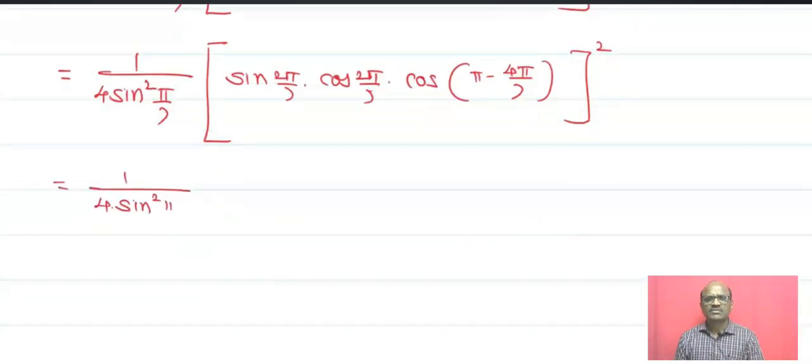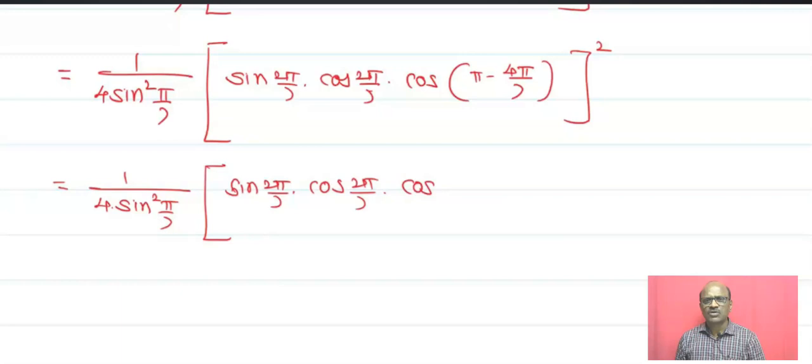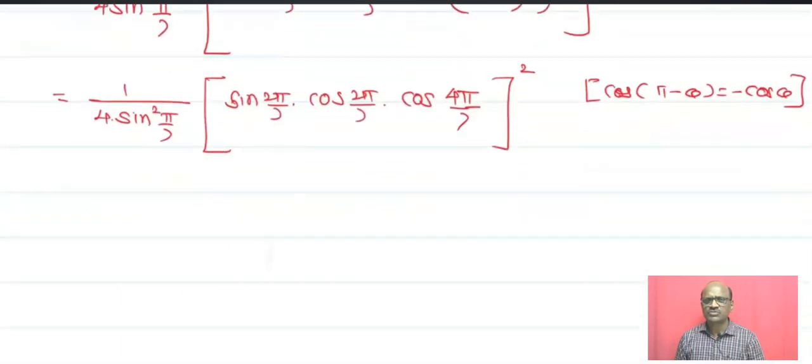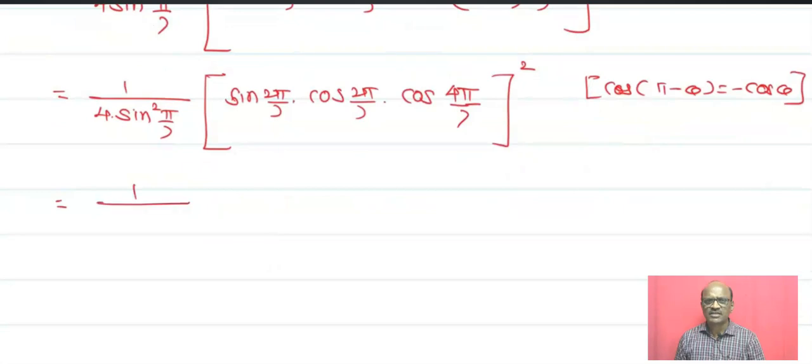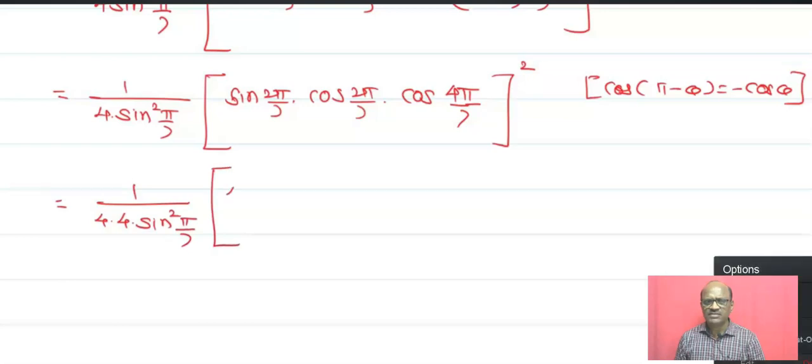See this again here. That is 1 upon 4 sine square pi by 7, sine of 2 pi by 7 into cos of 2 pi by 7 into cos of 4 pi by 7 bracket square. Here one more formula: cos of pi minus theta is equals to minus cos theta. That is 1 upon, now here we are adjusting the two terms. What are the two terms?